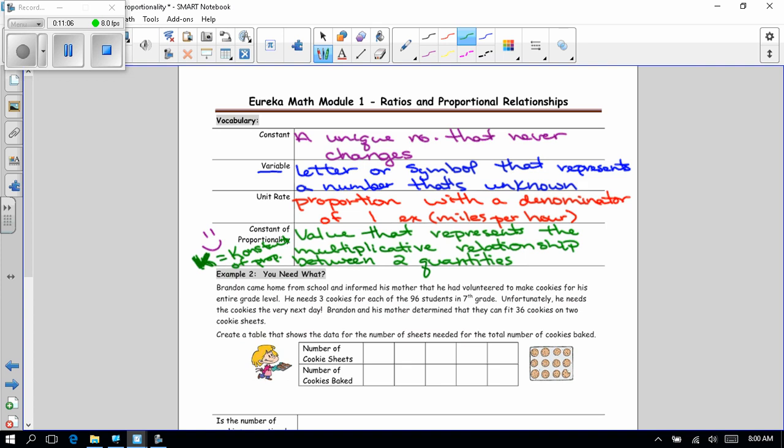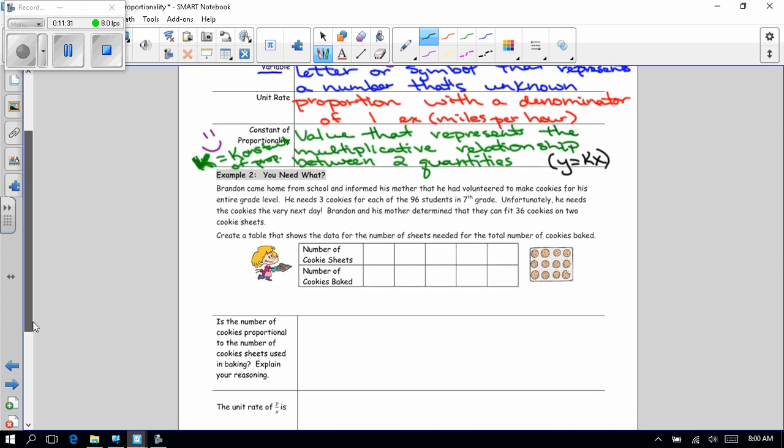All right, and then that helps me remember. Oh yeah, K, constant of proportionality. Whenever you see the constant of proportionality, we usually write it in some form of an equation, and generally the equation is y is equal to k, whatever that constant is, times x. Okay, there's our equation for constant of proportionality. That's the one we really need to know today.